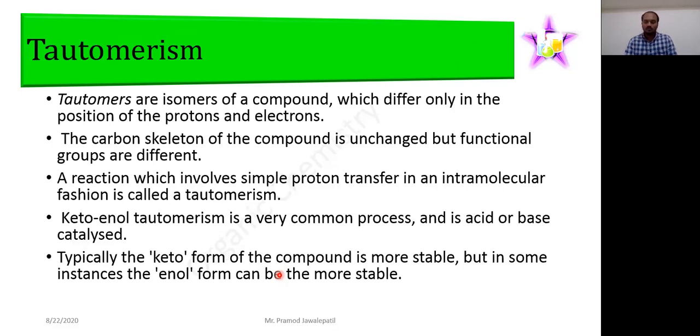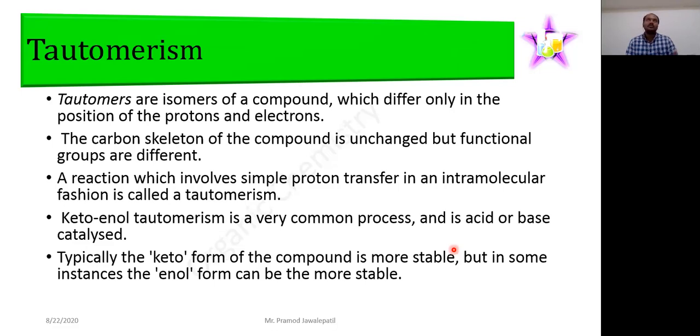You know the keto-enol tautomerism is a very common process and is acid or base catalyzed. Friends, typically the keto form of the compound is more stable, but in some cases the enol form can be more stable.